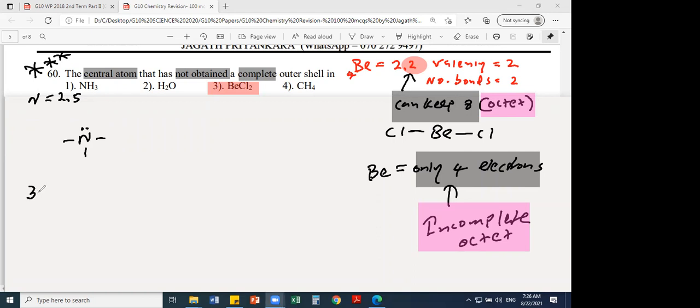The 3 bonds contain 6 electrons, and with the lone pair there will be 2 electrons. Then the total will be 8. So the outermost shell is full. This is called noble gas configuration. Each bond contains 2 electrons.